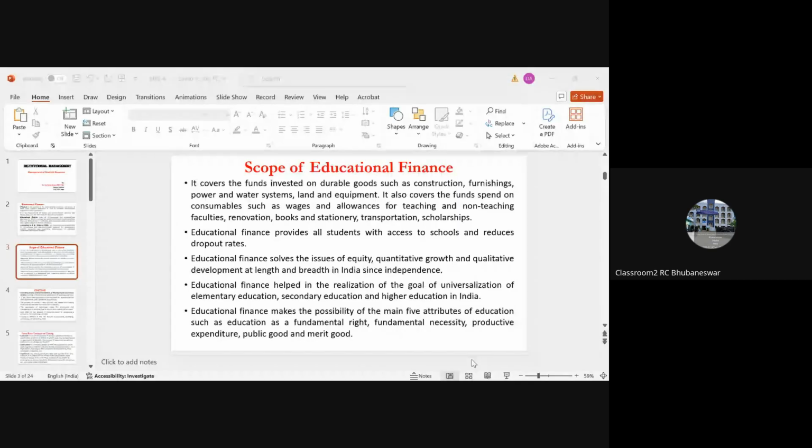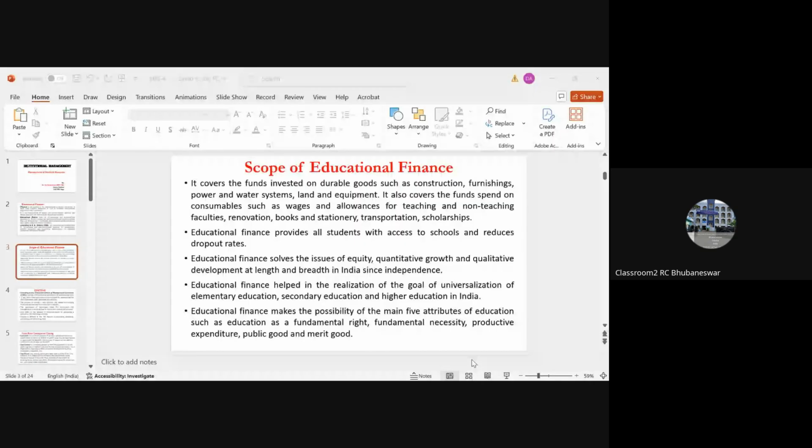Purchasing of materials and equipment, distribution of uniform, textbooks, any other grant to the student, tuition fee, free tuition, or any other stipend, everything also comes under the scope of educational finance.